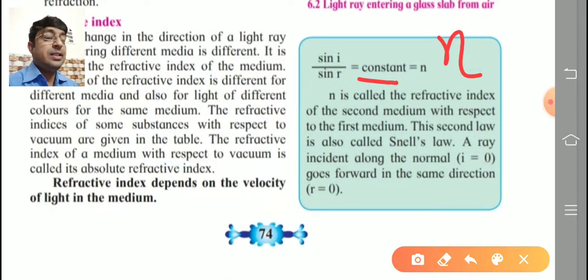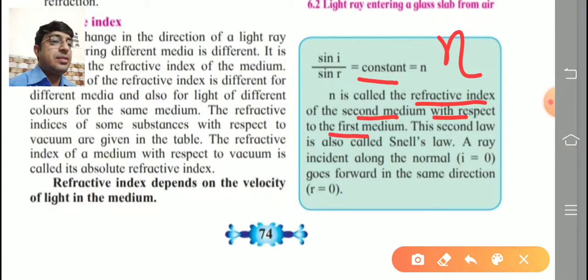This is actually a Greek symbol representing refractive index. That is a different symbol, used from other languages, that is the refractive index of the second medium with respect to the first. This second law is also called Snell's law. Underline Snell's law.